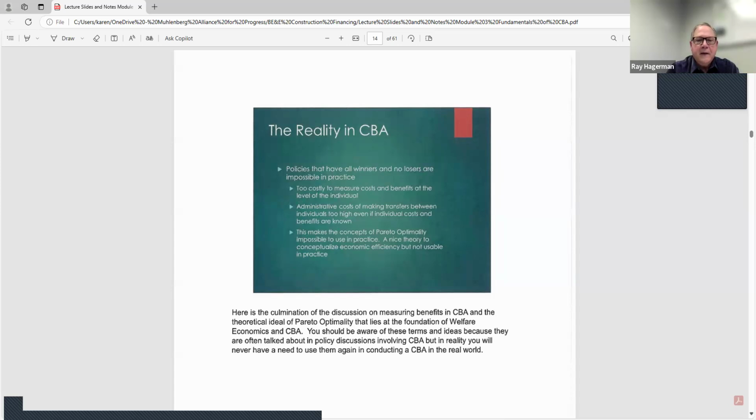The reality in CBA is that every policy that gets done in a community, for example, if we're looking at the group project, somebody is going to be better off by a brand new company locating there that's creating jobs, right? Ostensibly, the project sponsor is going to be better off because they're locating something that they're going to be making money at in the area.